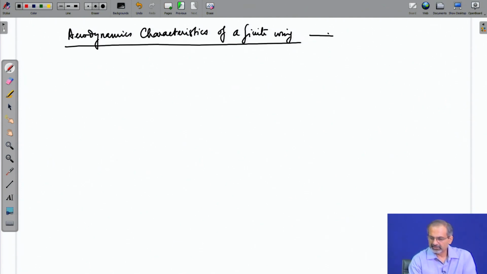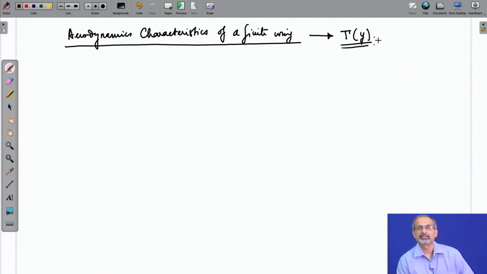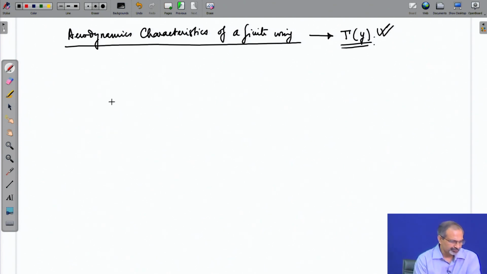So, what we are basically talking about is that if we do have a solution of the gamma as a function of y, then using that solution from the previous equation that we defined, if we can solve it and we can obtain gamma y, then using that solution what all can we do?